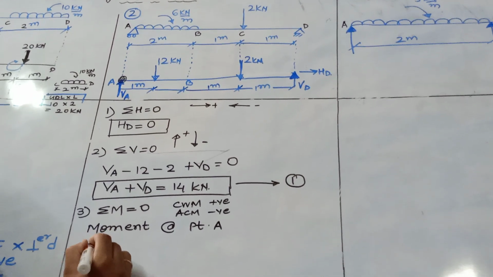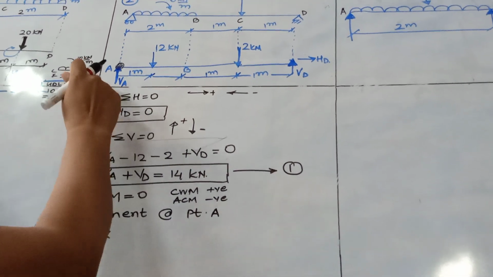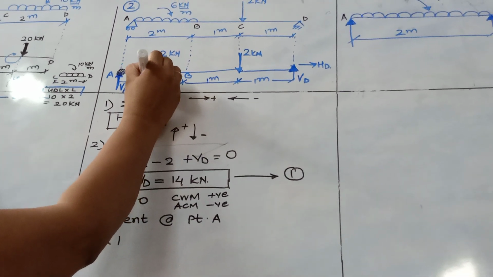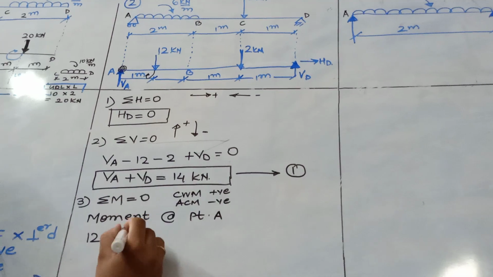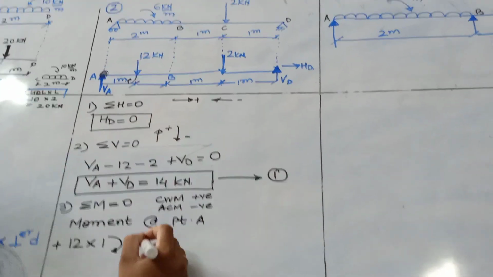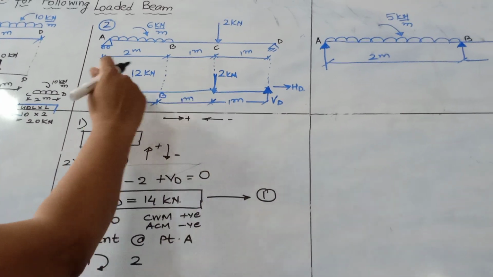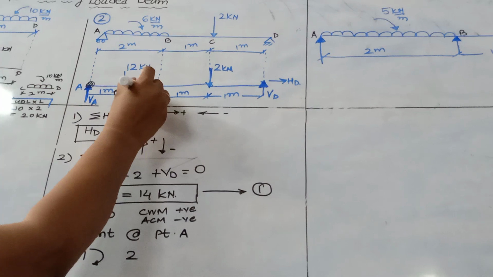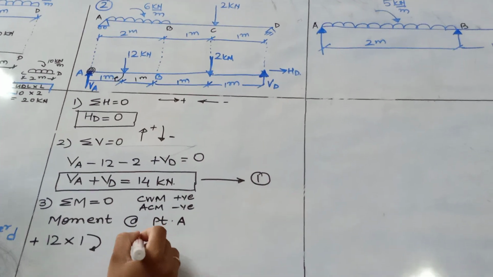So first is 12 into what is the distance up to point A? 1. How is it trying to rotate? In the clockwise direction. So it will be considered as positive. Second is 2 kilonewton. What is the distance up to point A? 1 and 1 and 1, that is 3 meters.